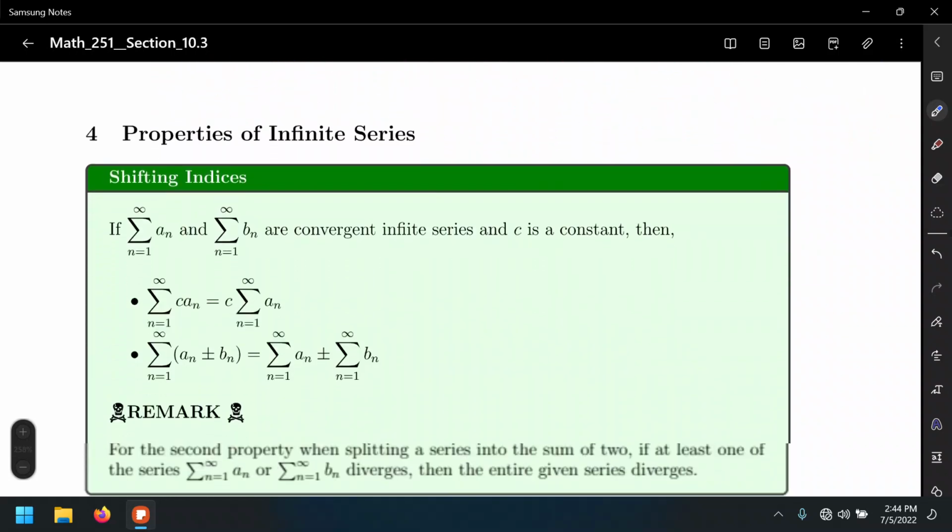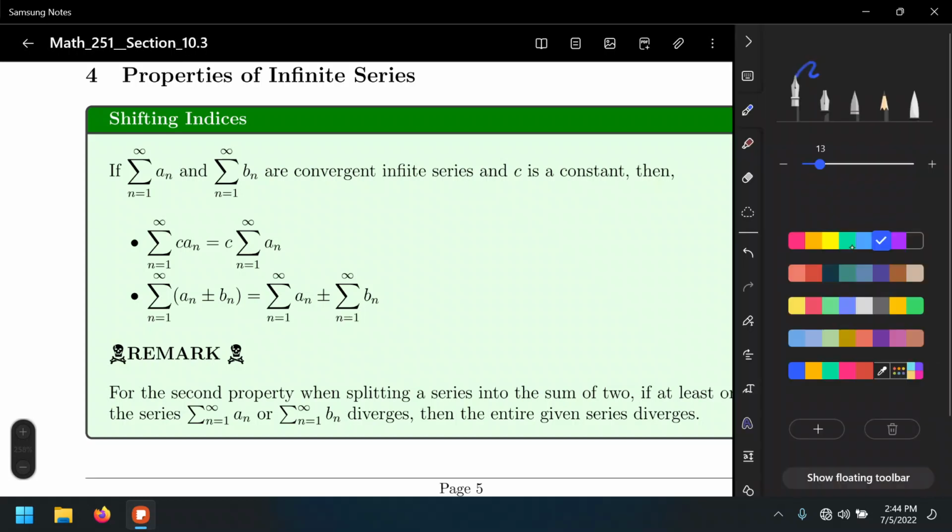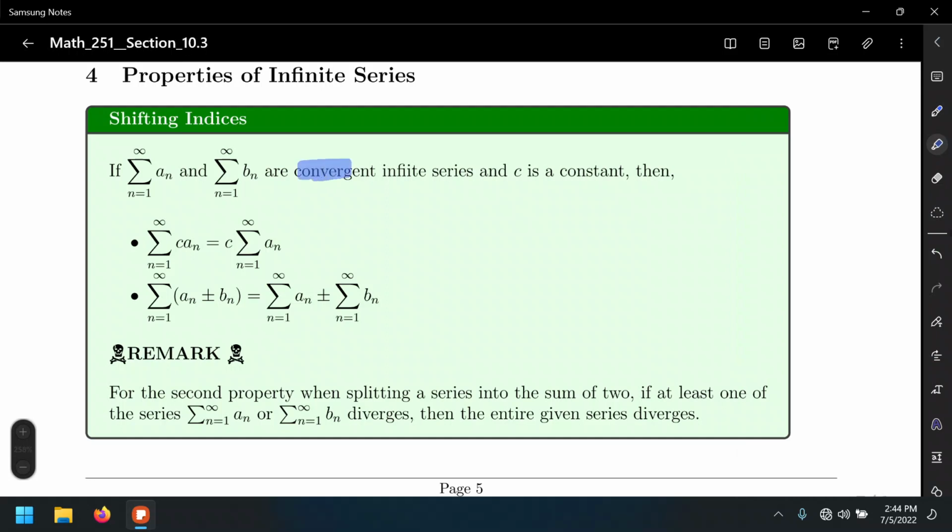Well, properties of infinite series. In this case, let's consider 2 different series that we can add or subtract. I'm going to highlight: we need to make sure that both series are convergent infinite series.